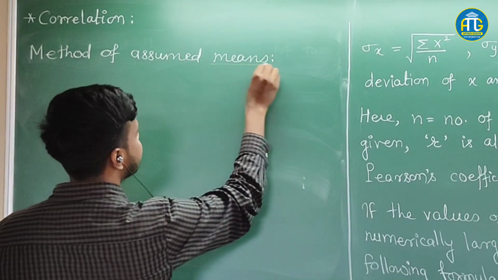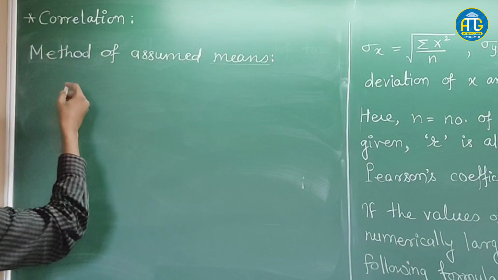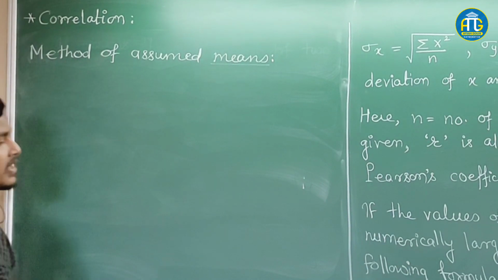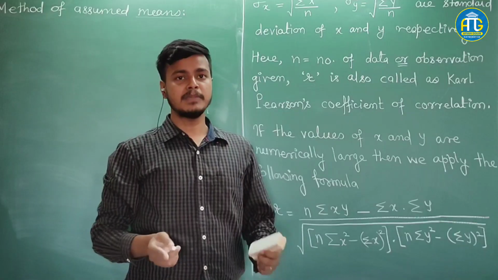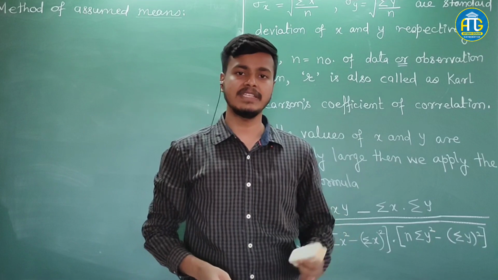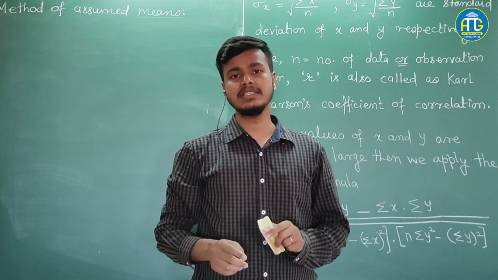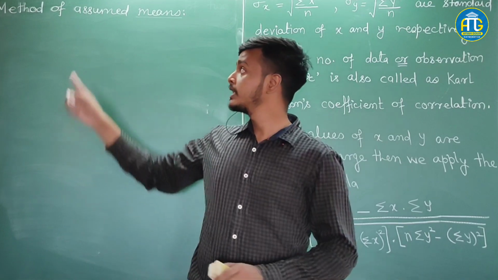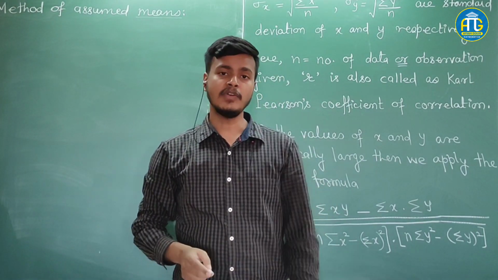As the name suggests, there is an involvement of mean values. When to use this method of assumed means to find the coefficient of correlation? Sometimes the mean values of x and y, that is of the given data, are not integers, they are fractions. In such cases, we are going to adopt this method of assumed means to find the coefficient of correlation.